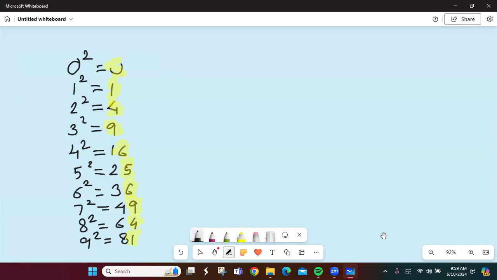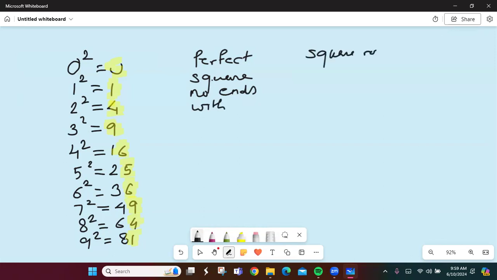Now, since we know that square root and square are inverse operations in mathematics, we can make a table showing what the perfect square number ends with and what its square root ends with.